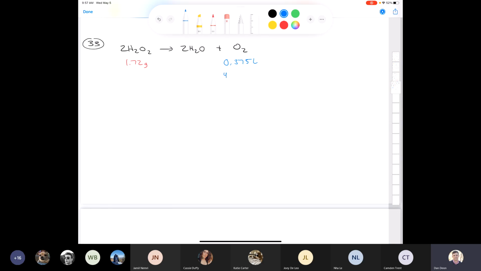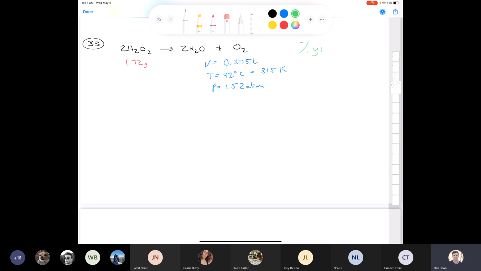It's at a temperature of 42 degrees Celsius, which I've calculated as 315 Kelvin. And we have a pressure, 1.52 atmospheres. And we're asked to determine the percent yield.